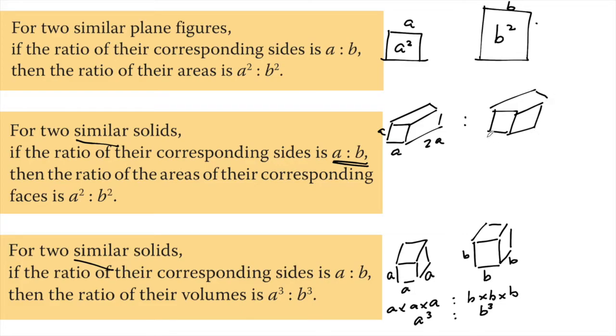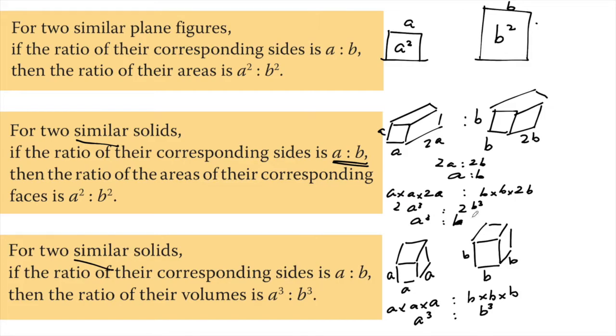I can have a B, and this has to be a 2B, because we have to make sure that their corresponding sides ratio is still A is to B. Look at the length here: this is 2A is to 2B. So at the end of the day, the ratio of the corresponding sides is still A is to B. Let's compare the volume here. I have 2A cubed is to 2B cubed, and after simplification, it is still A cubed is to B cubed.